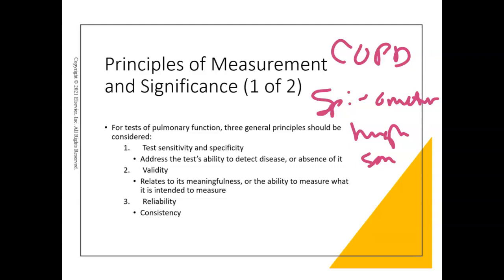It's a very sensitive test for COPD because COPD patients are going to have abnormal results on their PFTs. Their FEV1/FVC is going to be less than 70% of predicted, right? So PFTs or forced vital capacity is a very sensitive test for COPD.